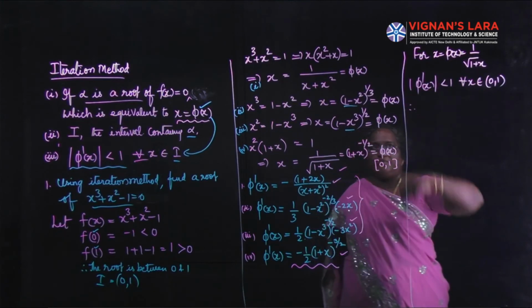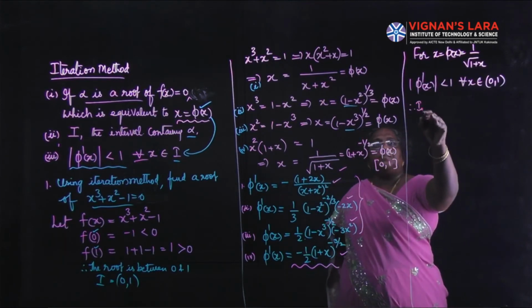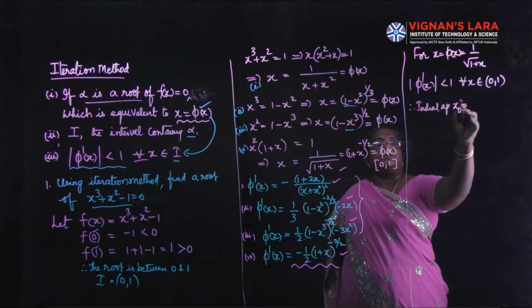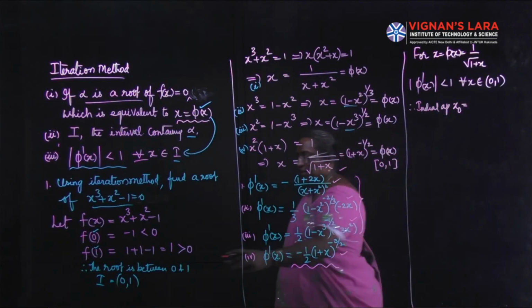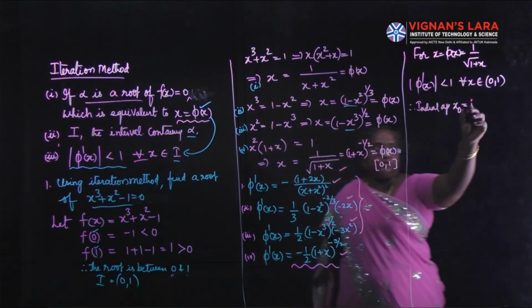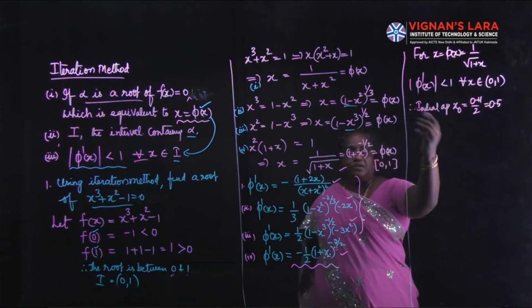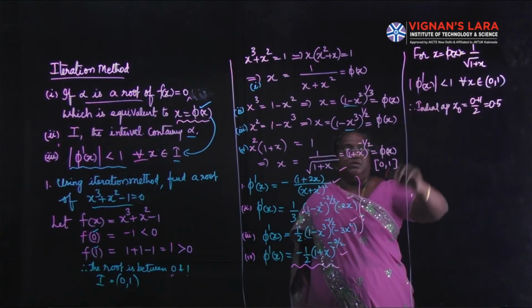Therefore, we will perform the iterations. We need an initial approximation. X naught is equal to, between which two values is the root? Between 0 and 1. So 0 plus 1 by 2 is 0.5. Now we will perform the iterations with this function.